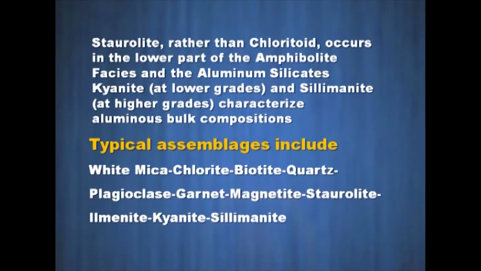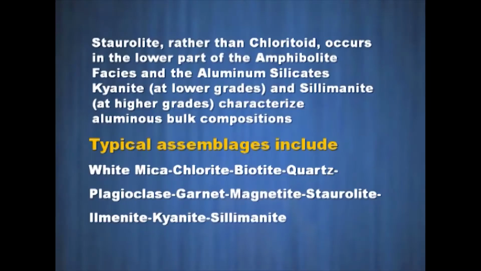Staurolite rather than chloritoid occurs in the lower part of the amphibolite phases, and the aluminosilicates, kyanite at low grades and sillimanite at high grades, characterize aluminous bulk compositions. Typical assemblages include white mica, chlorite, biotite, quartz, plagioclase, garnet, magnetite, staurolite, ilmenite, kyanite, sillimanite, etc.